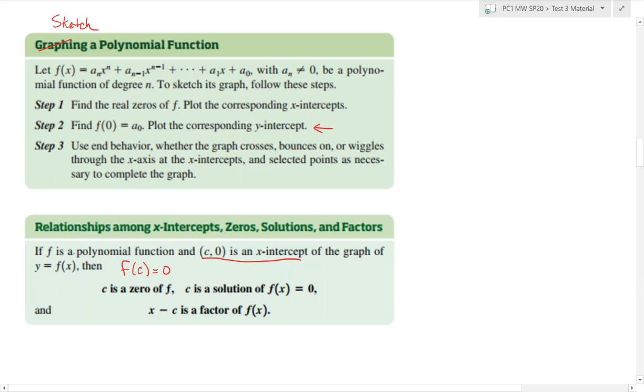So if you were to set that function equal to 0 and solve it, c is a solution. And if (c, 0) is an x-intercept, that means c is a 0 of f, which means x minus c is a factor of f of x.